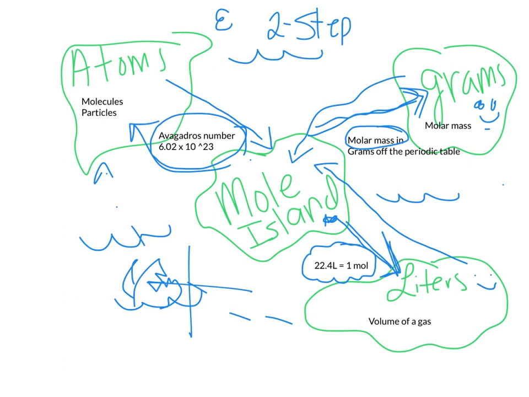You want to do an extended stay. Well, let's say you'd like to tour the gas island. Then what you must do is first go on to Mo Island and then proceed on to Liter Island to go from grams to liters.